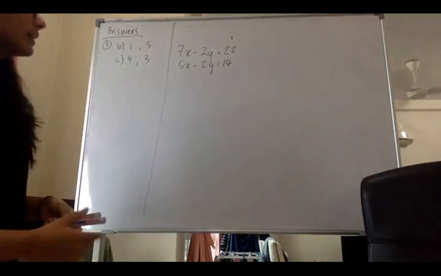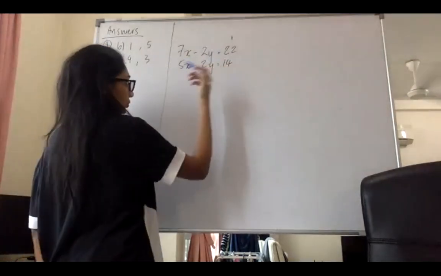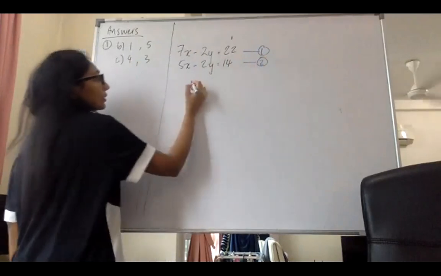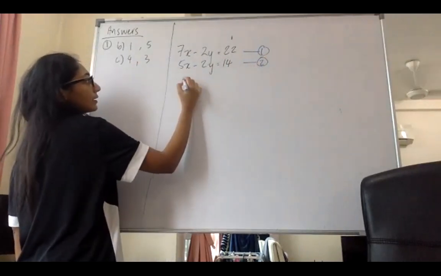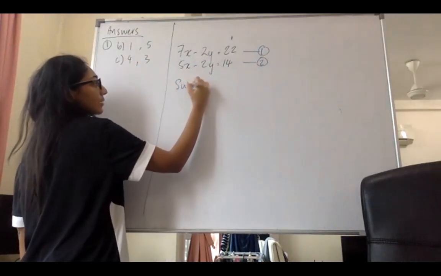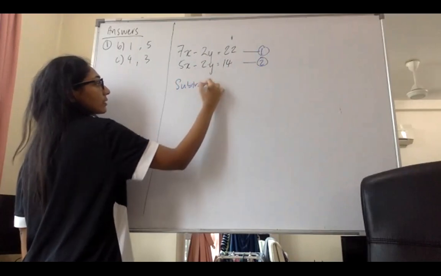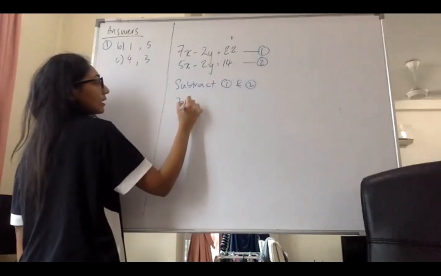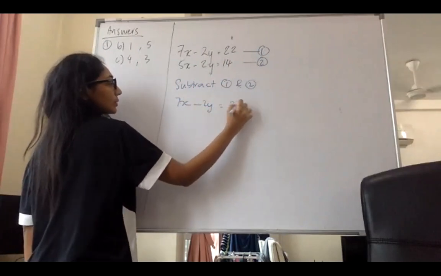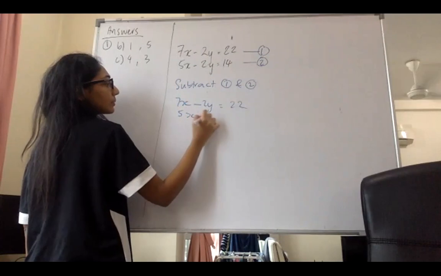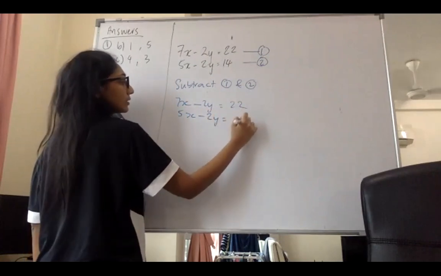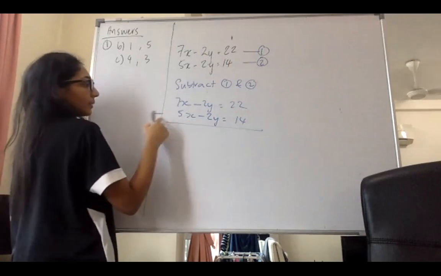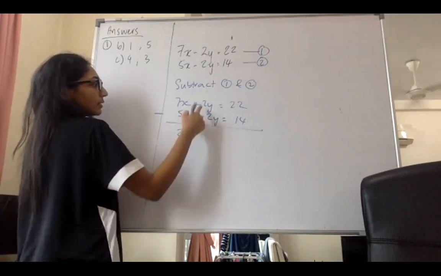So let's say I take equation 1 minus equation 2. This is equation 1, this is equation 2. If I subtract, 7x minus 2y equals 22, 5x minus 2y equals 14. 7 minus 5, 2x.